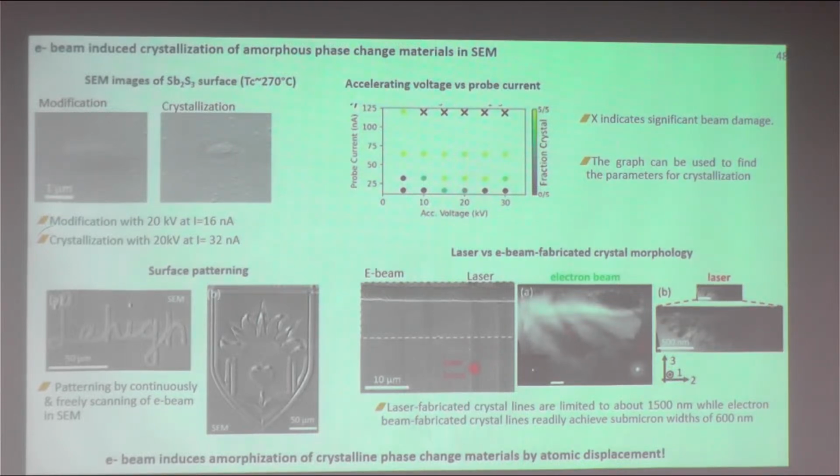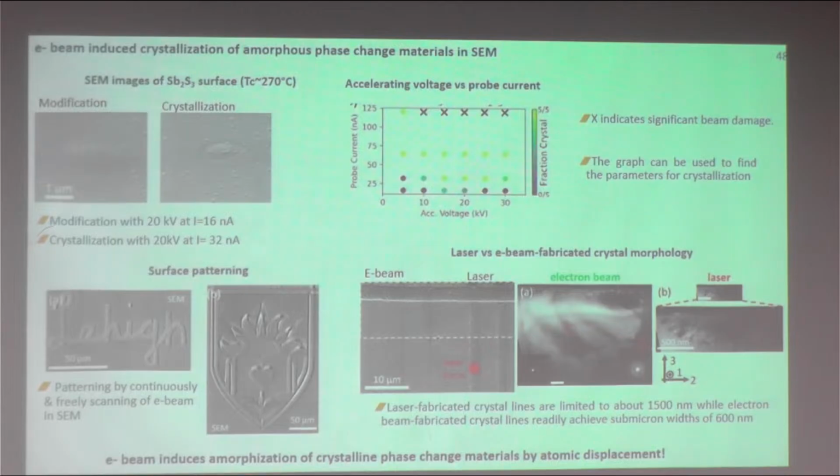Here we talk about energies which are much lower compared to the TEM. This is like 30 kiloelectron volts, and this modification was achieved at 20 kiloelectron volts and at beam currents of 60 nanoamperes. But the beam currents here are much larger compared to the TEM used for this experiment.